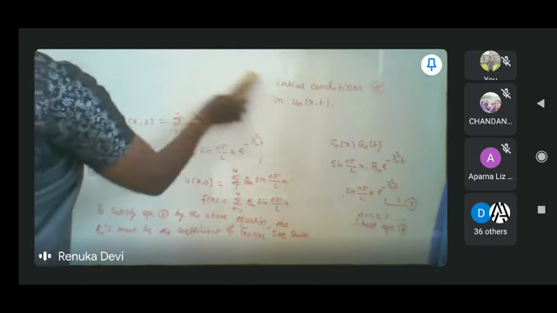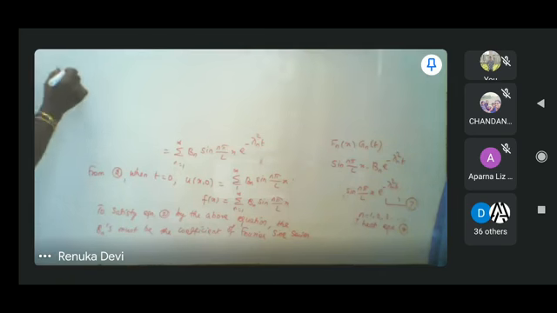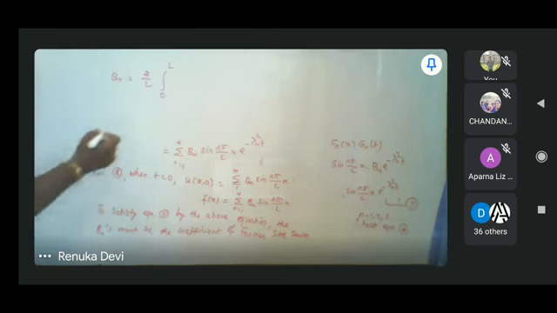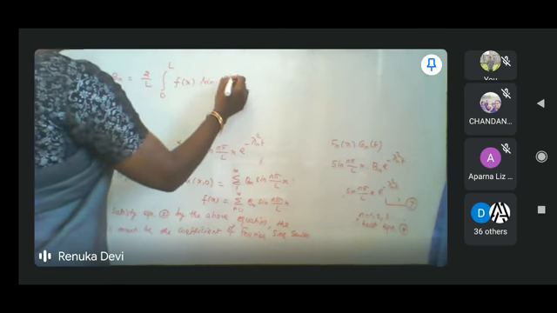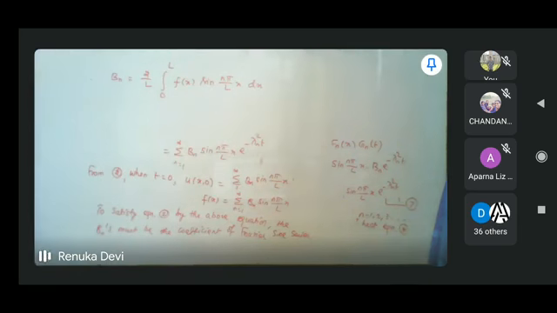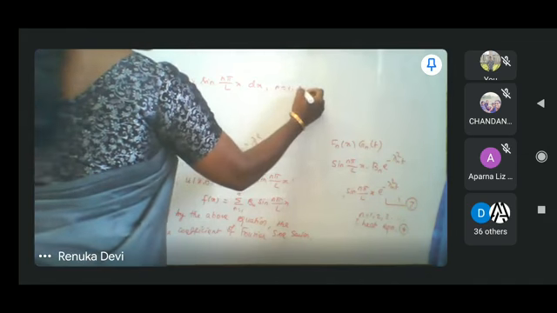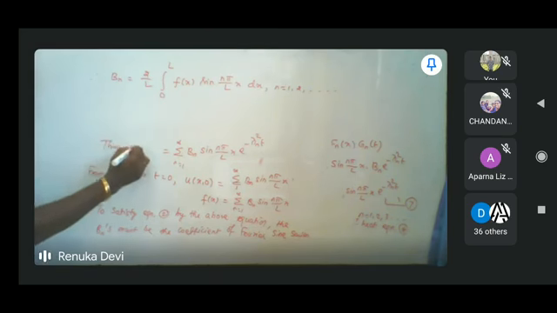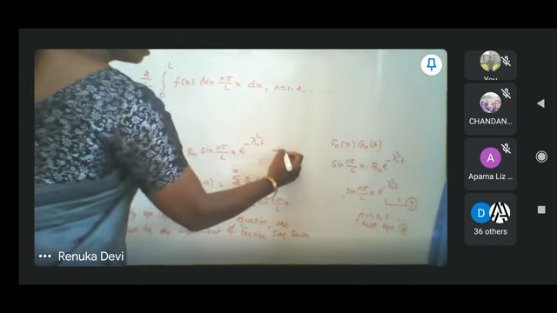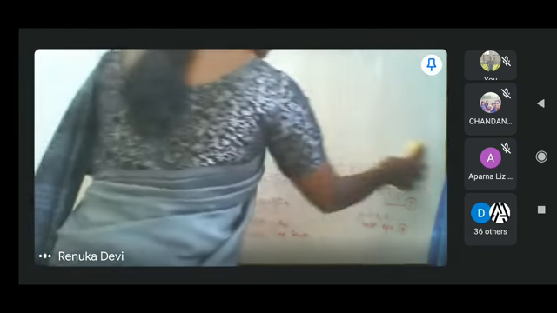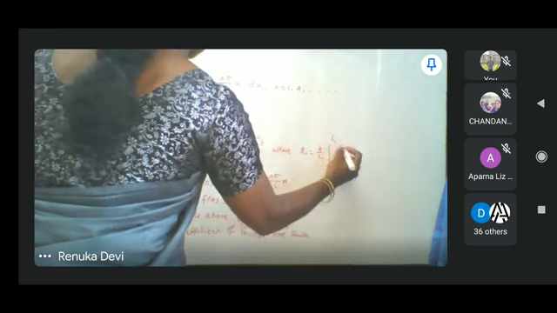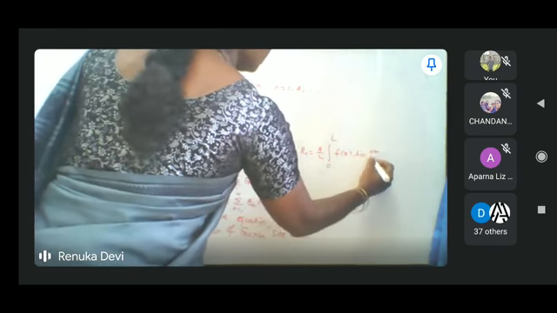So what is our bn then? Since the coefficient of Fourier sine series is bn equal to 2 by L integral 0 to L f of x sine n pi by L x dx, for n equal to 1, 2, 3, etc. Thus u of x comma t equal to the series with bn, where bn equal to 2 by L integral 0 to L f of x sine n pi by L x dx.